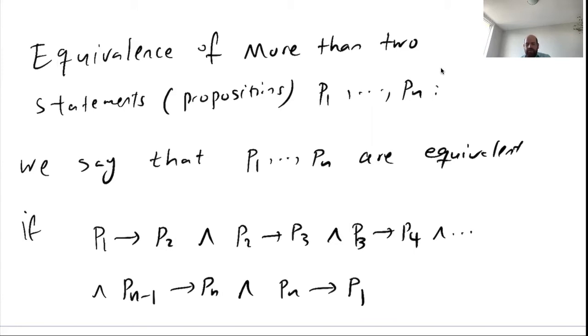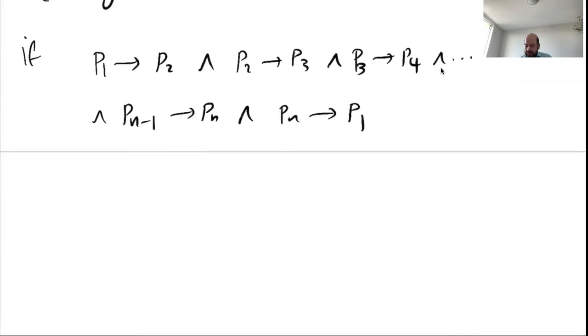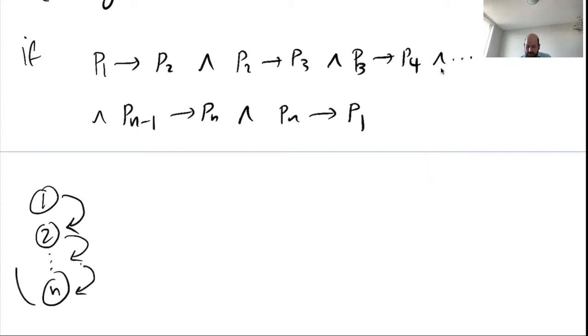So if all these statements are true, it's basically a cyclic conclusion. We conclude 2 from 1, 3 from 2, all the way to n from n minus 1, and then we conclude 1 from n. And then this means that all of them must be equivalent with each other. So let's look at an example.